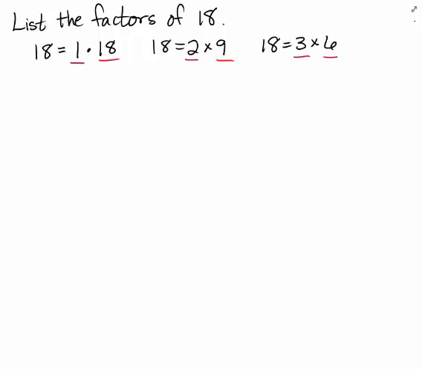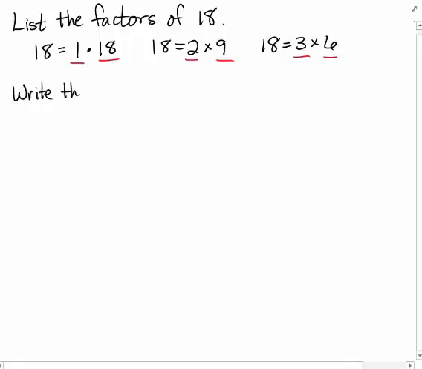So when we talk about factors, the other thing that we often talk about is writing the prime factorization of a number. So write the prime factorization of a given number.